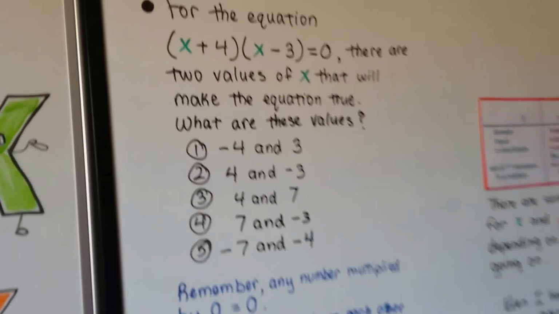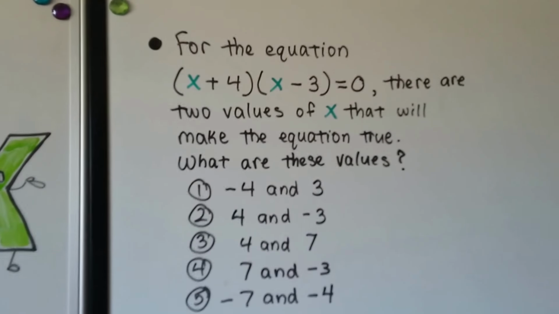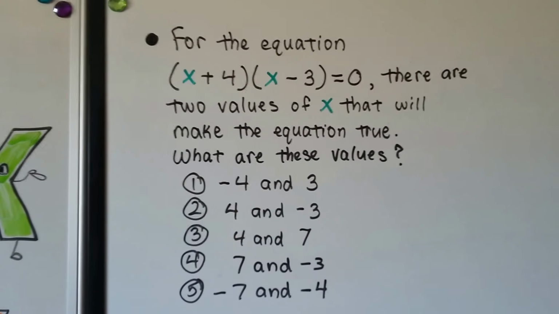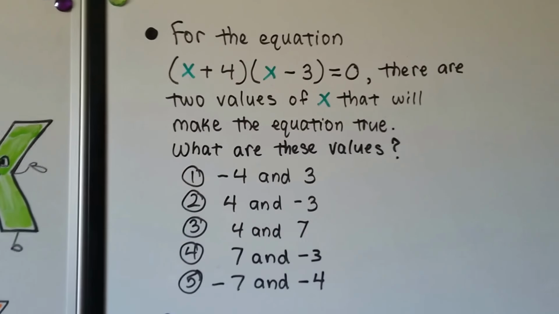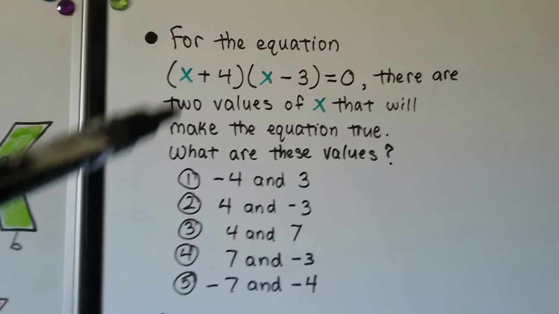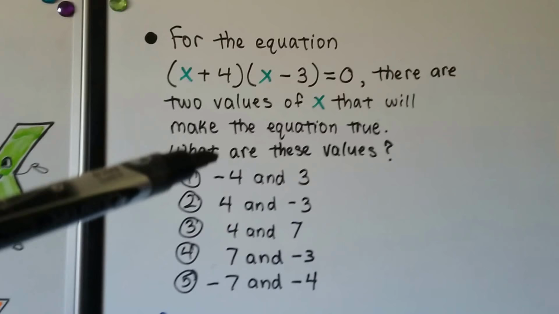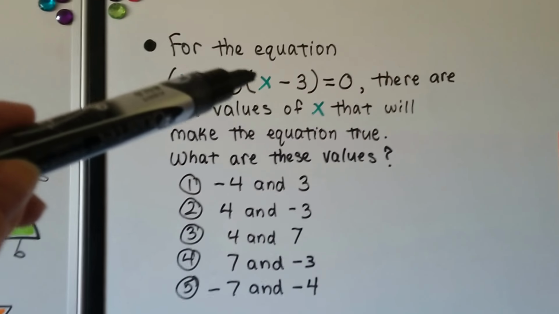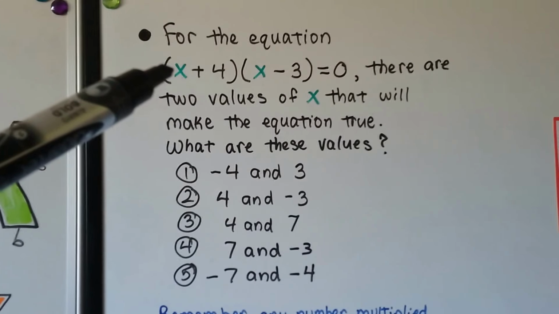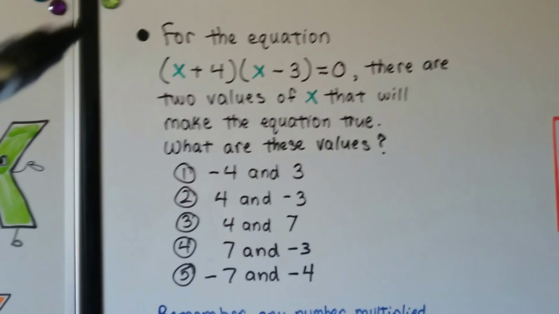Now be careful, because this one says for the equation x plus 4 times x minus 3 equals 0, there are 2 values of x that will make the equation true. So it's not saying x and y, it's saying 2 values of x. So if this x is this -4, then that means that has to be a -4. You can't have x equal one number in this part and equal another number in that part.